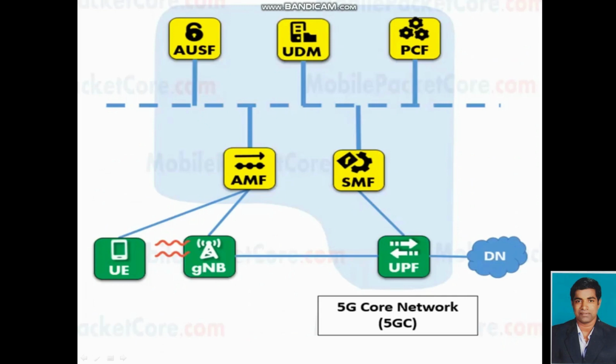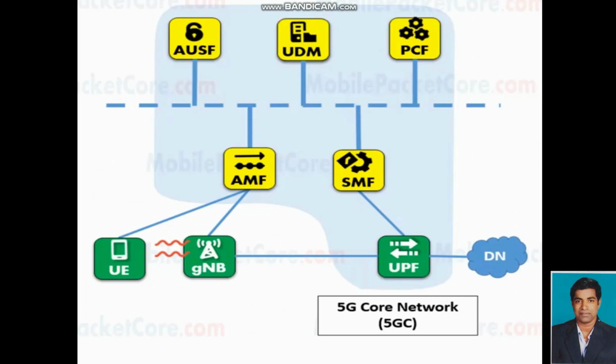Already we know what is user equipment. In this diagram, user equipment uses iSIM, whereas in the previous 4G network the SIM is uSIM, and in the 5G network we are using iSIM. It can access the 5G network.